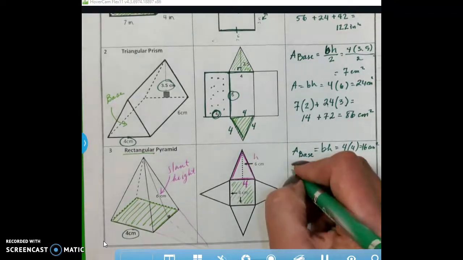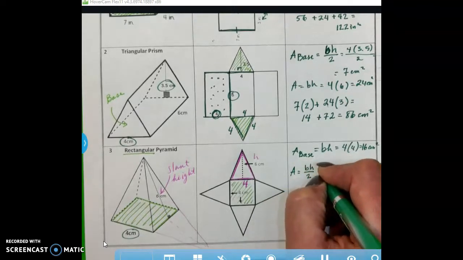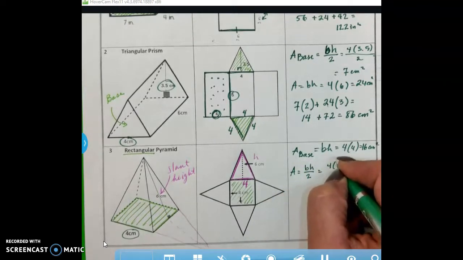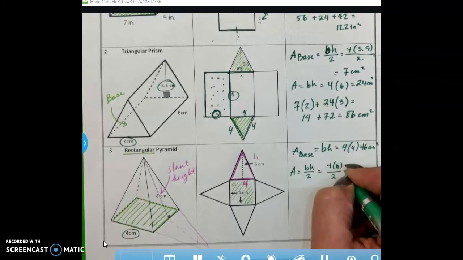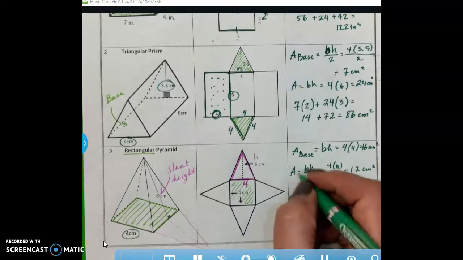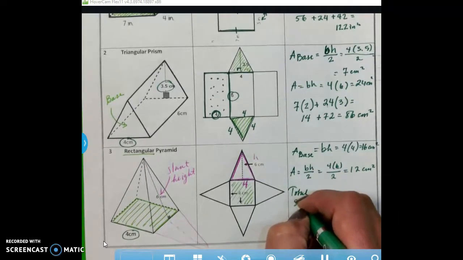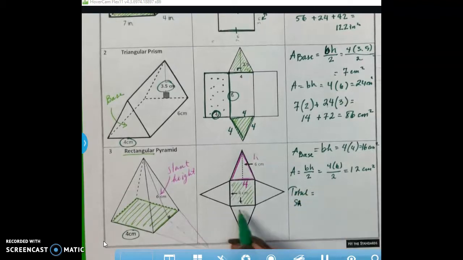Let's find the area of the face. Base times height divided by 2 would be 4 times 6 is 24, divided by 2 is 12. We're ready to find our total surface area. That would be adding all of these areas.